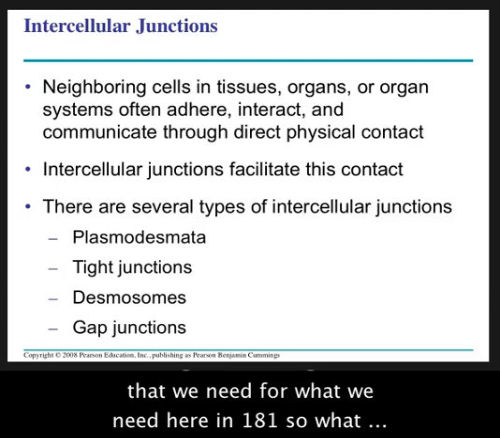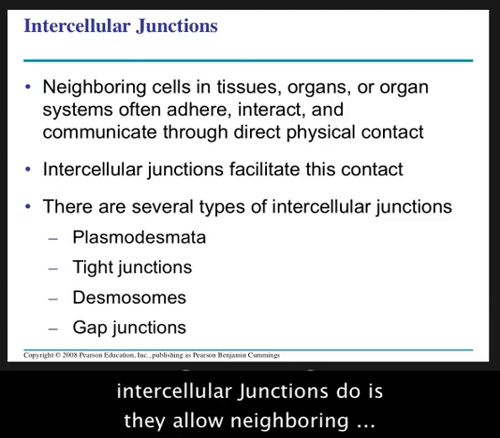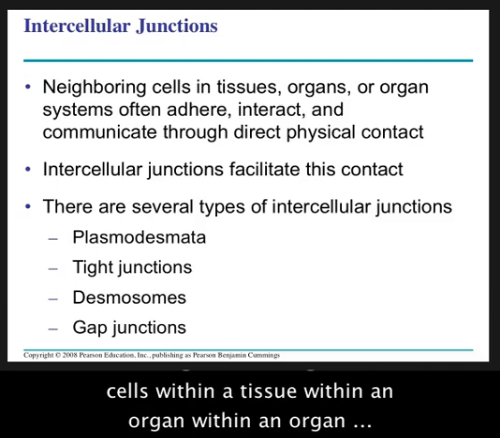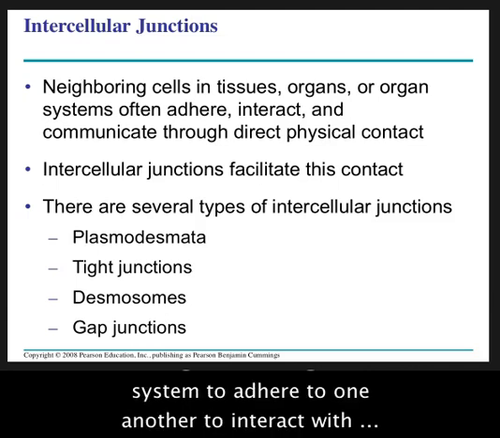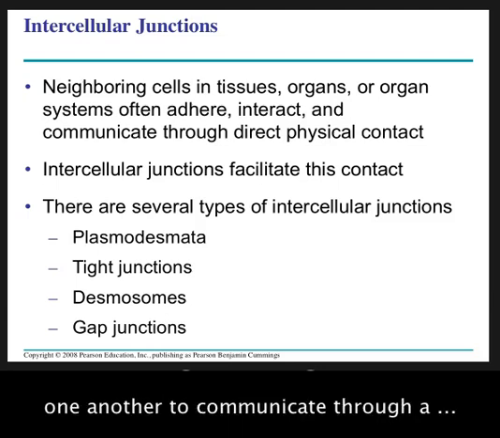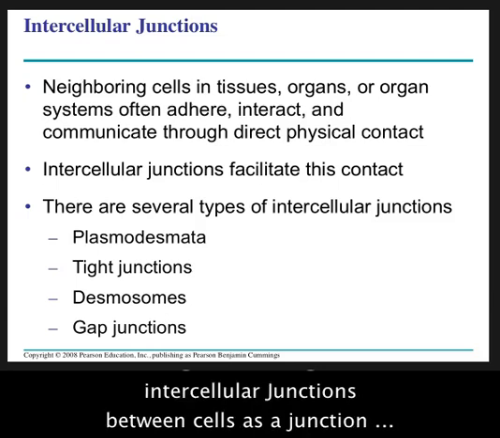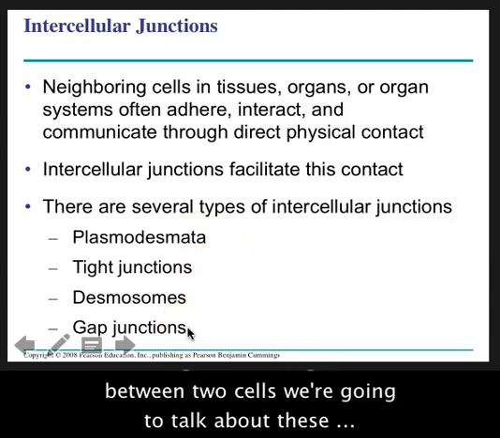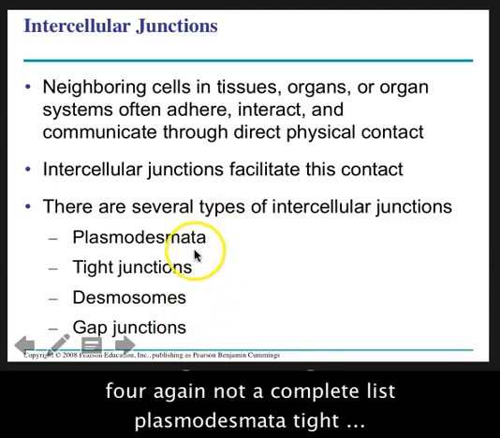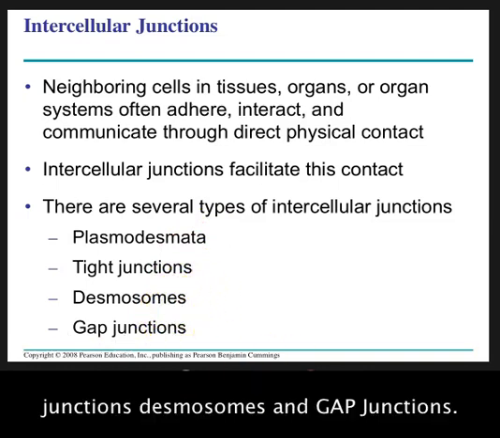What intercellular junctions do is they allow neighboring cells within a tissue, within an organ system, to adhere to one another, to interact with one another, to communicate through a form of direct physical contact. So that is what an intercellular junction is. Inter is between cells, so it's a junction between two cells. We're going to talk about these four. Again, not a complete list: plasmodesmata, tight junctions, desmosomes, and gap junctions.